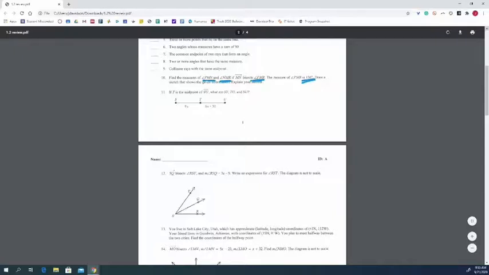So if the whole thing is 136, PMN and NMR are the results of this thing being bisected. The whole thing is 136. What are the halves?